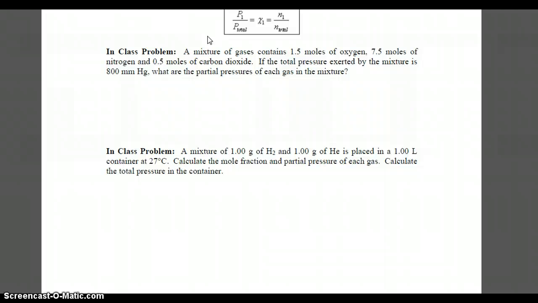It's fine if you found it in atmospheres, but there's no need to convert here, just because it's a proportion in this way. Then your partial pressure for nitrogen gas should be 632 millimeters of mercury, and your partial pressure for carbon dioxide should be 42 millimeters of mercury.